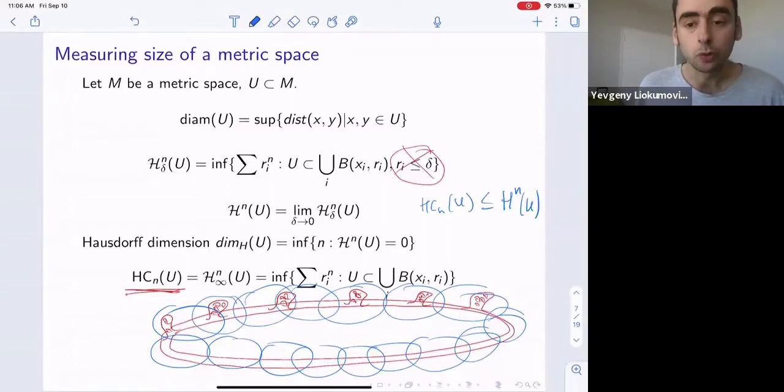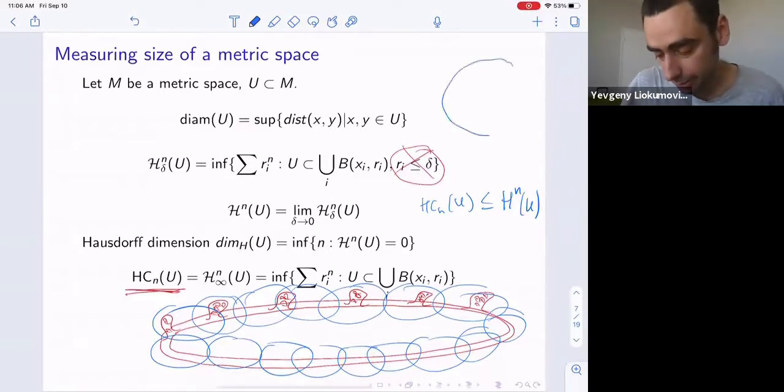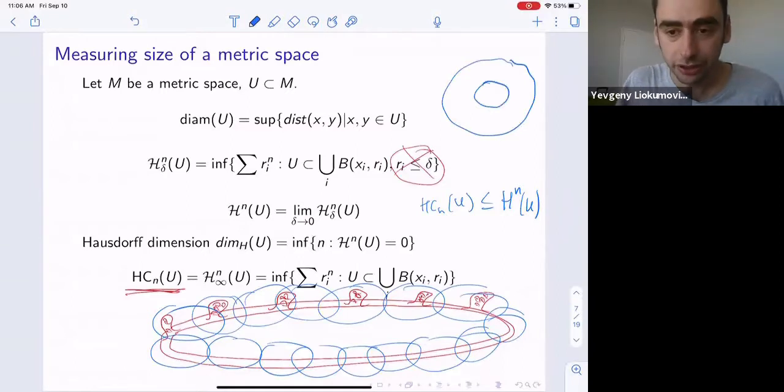The downside, of course, is that Hausdorff content is not a measure, right? If you, for example, take a disk and then you cut out a smaller disk from it, then the one-dimensional Hausdorff content did not decrease, even though you took out something with non-zero measure. Still, the best way to cover it is just by one ball. So it's not additive for disjoint sets.